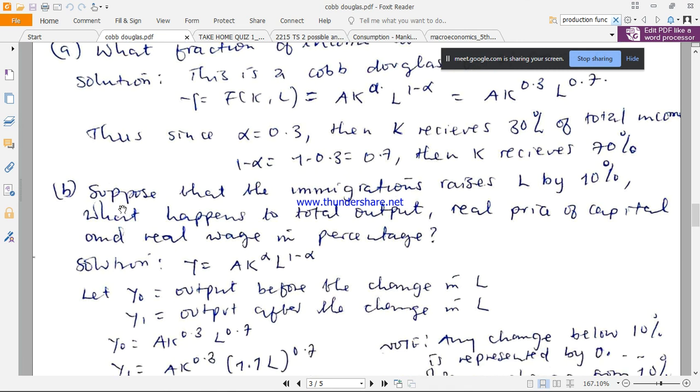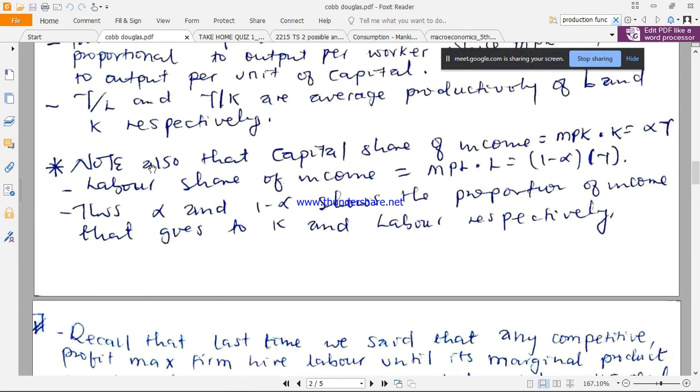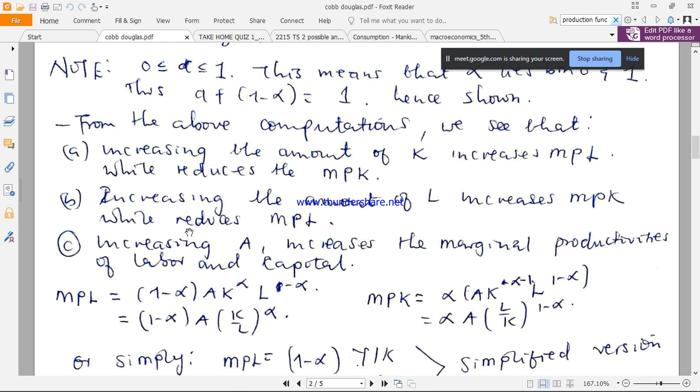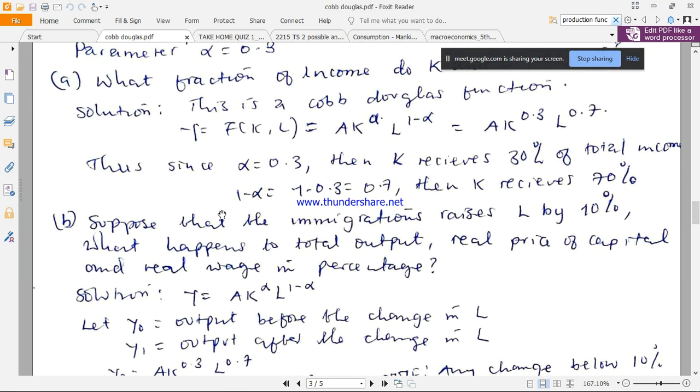The second question is saying, suppose that immigration raises labor by 10%, which means we now have an increase in labor. We are trying to answer this part B. If we increase labor, then the marginal product of capital is going to increase while the marginal product of labor is going to reduce. We are trying to prove that.